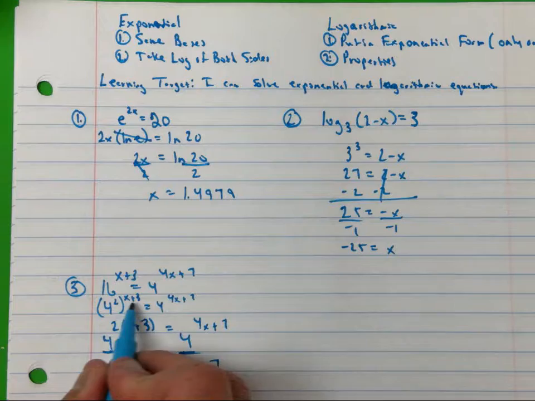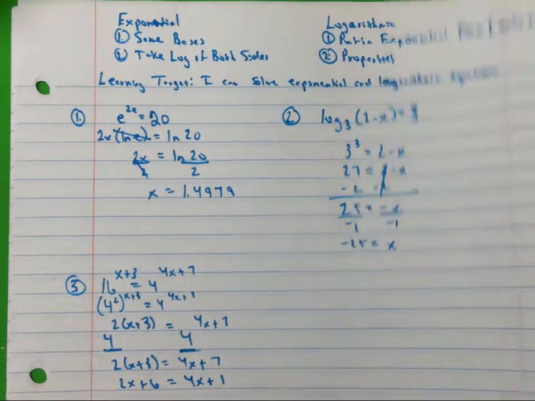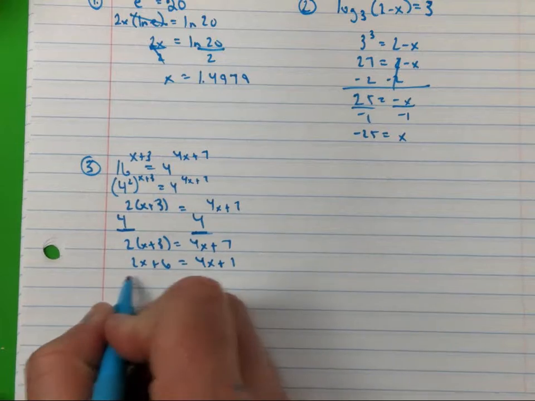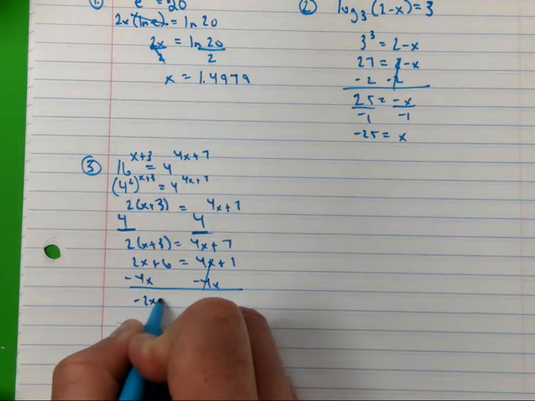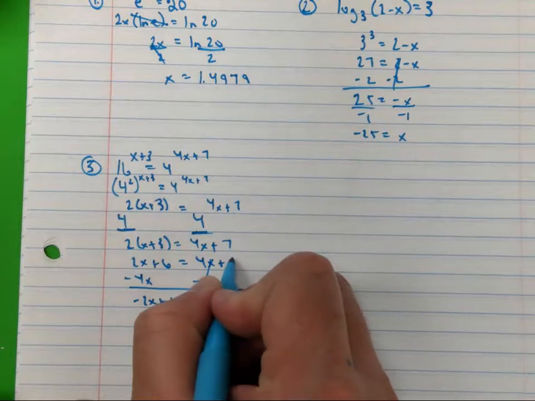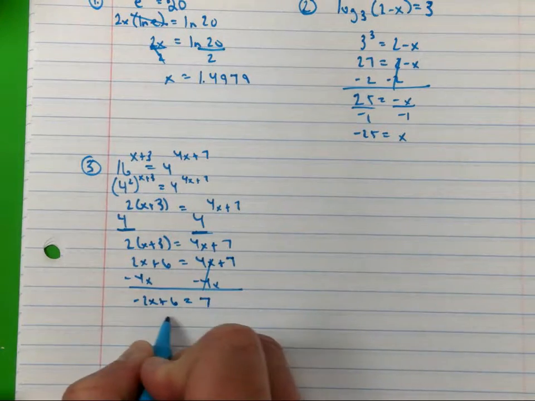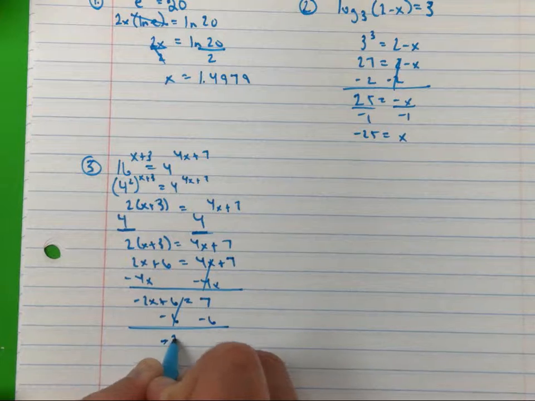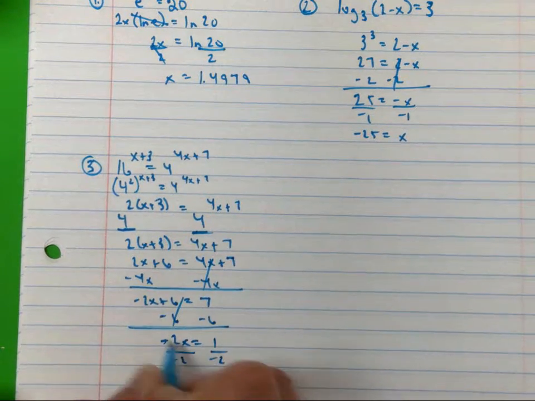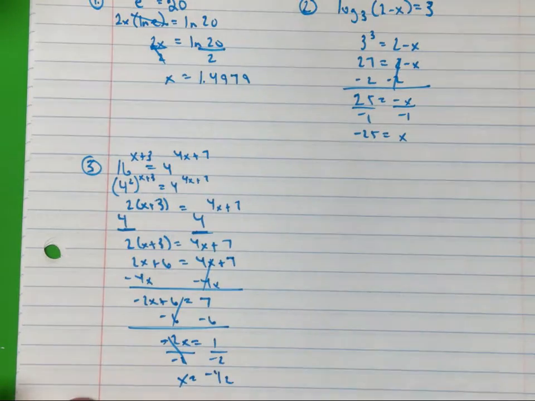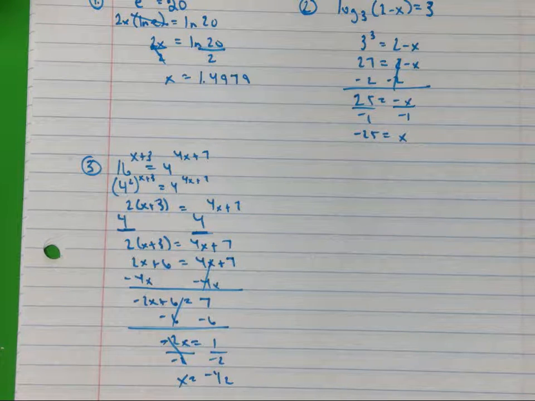So Mr. Fisher, what if I went ahead and multiplied that in my head and got 2x plus 6? That's fine. And you get negative 1/2.